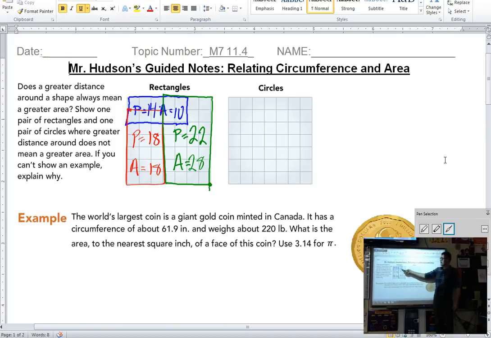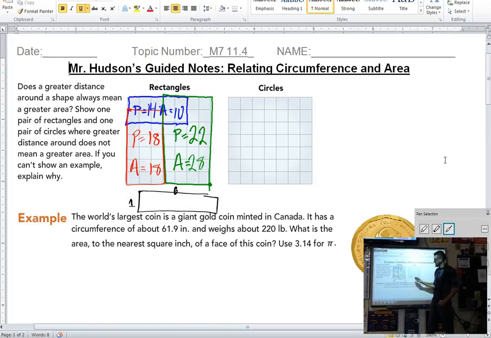I could also make my perimeter stay the same, and I could change my area. Because if instead of doing a 2 by 7, the perimeter was 14, so if I cut that in half, what if I did 6 by 1? Really long rectangle, and that's probably not drawn, right?